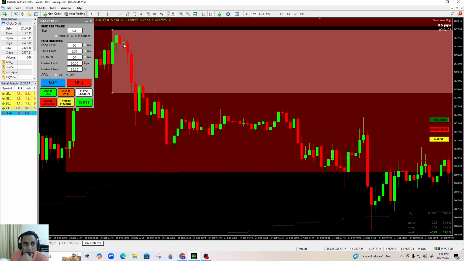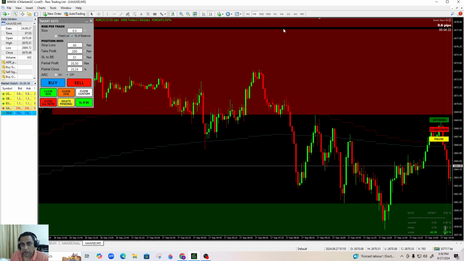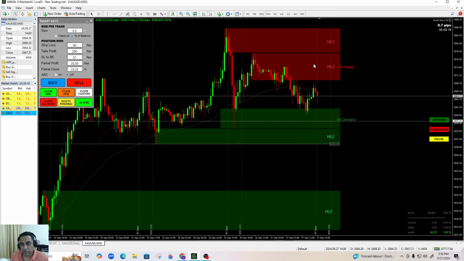That is ugly. There's no liquidity grab there. So I'm going to delete that, because price has not really grabbed liquidity there. So I'm going to ignore that.